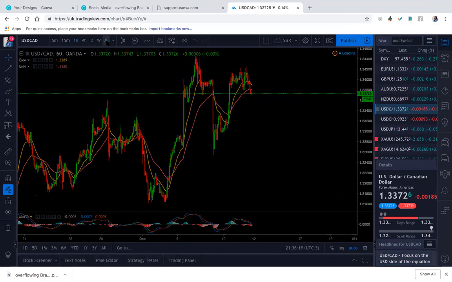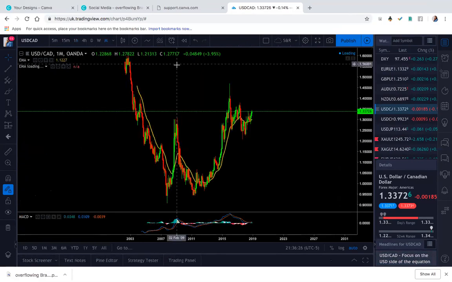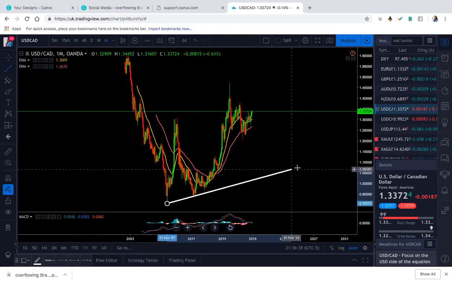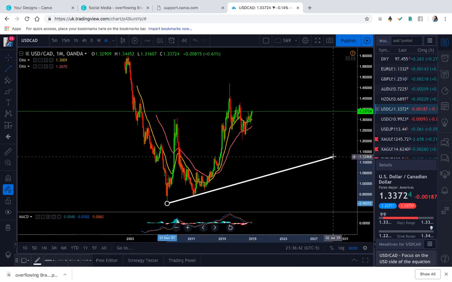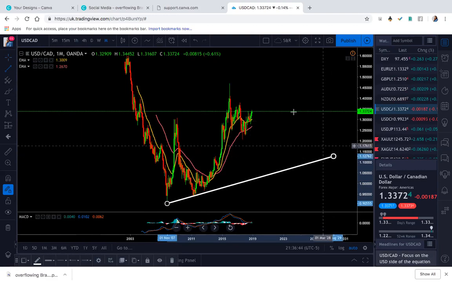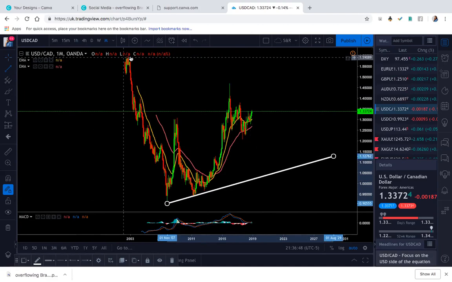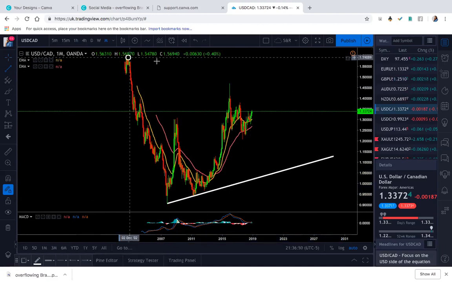All right, so I'm going to start off this week with USD CAD. This particular pair is a point of interest for everybody right now, because we got a really nice sell and then it went right back up into the uptrend. So I'm going to draw my trend lines, as you guys know, from the monthly time frame. Always make sure that you identify the trend.